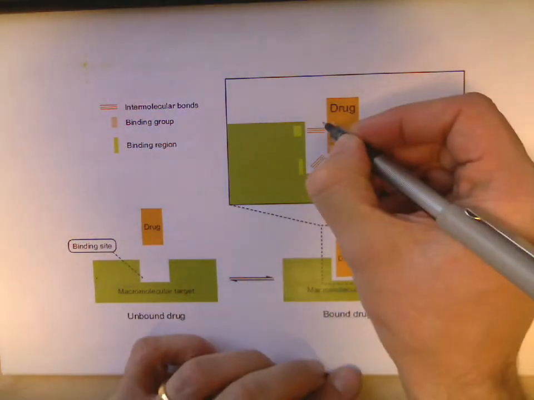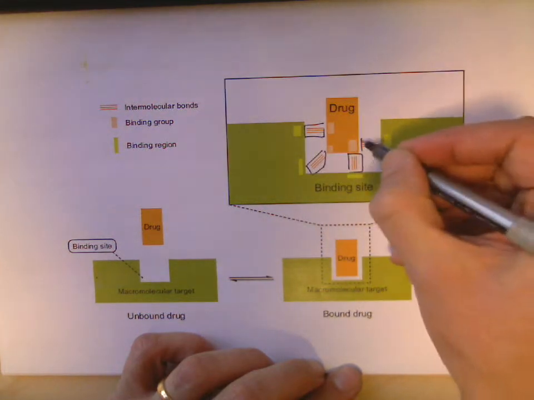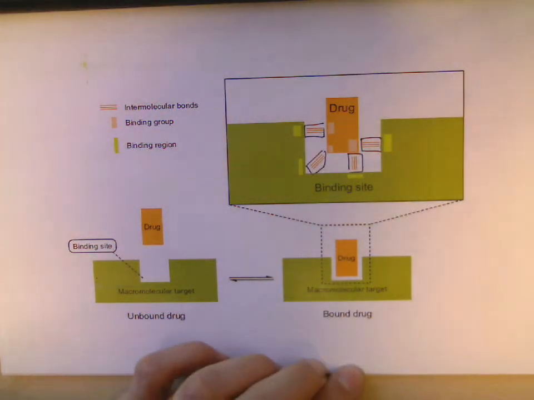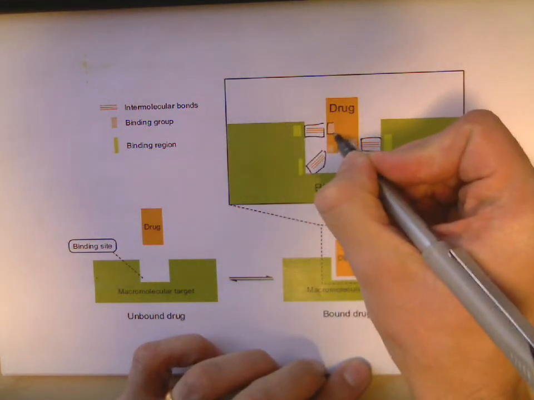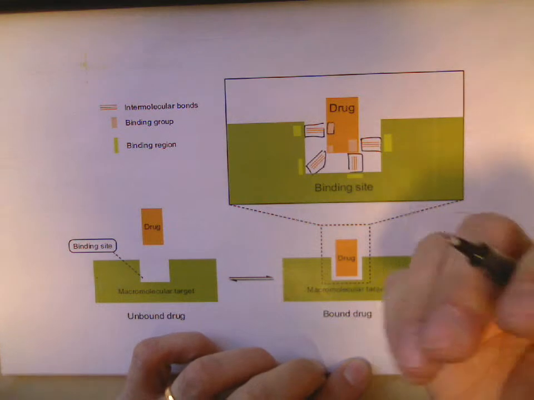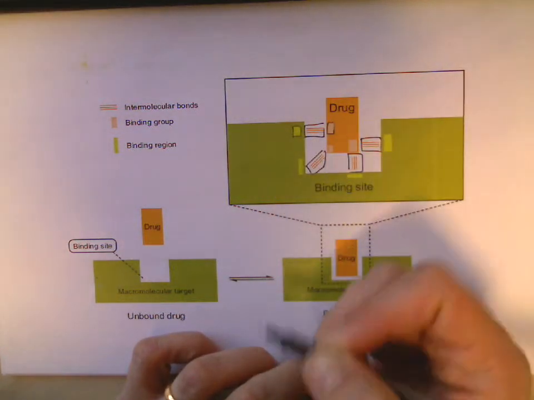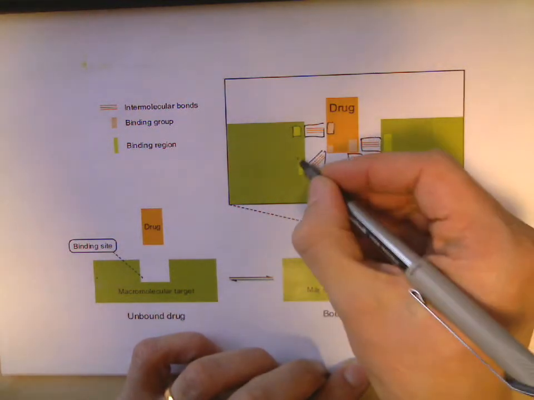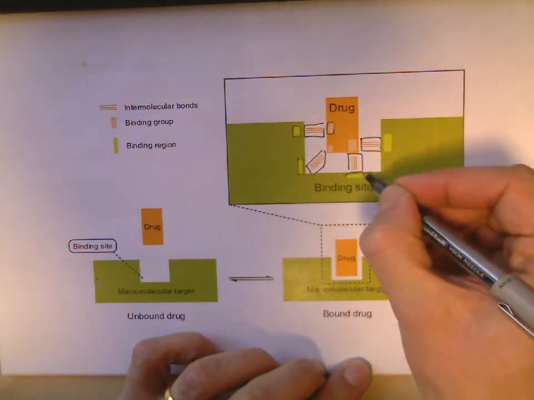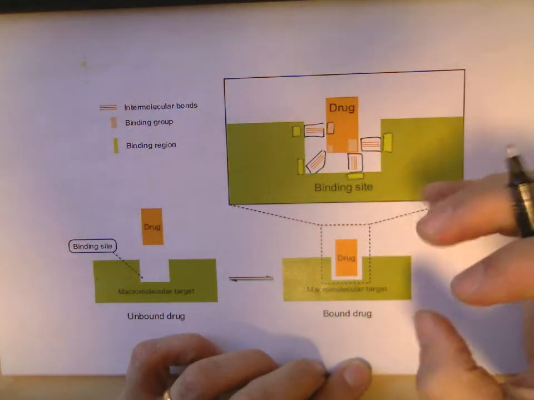Okay, so let's zoom in to this area and see what's going on. Here you can see very crudely that I've highlighted the interactions with just lines, but what you'll notice is that there is a position on the drug where there is a functional group, and there is also a position on the binding site which is a complementary region to that of the drug. If all of these are complementary to each other, they will have a positive interaction and your drug will bind.